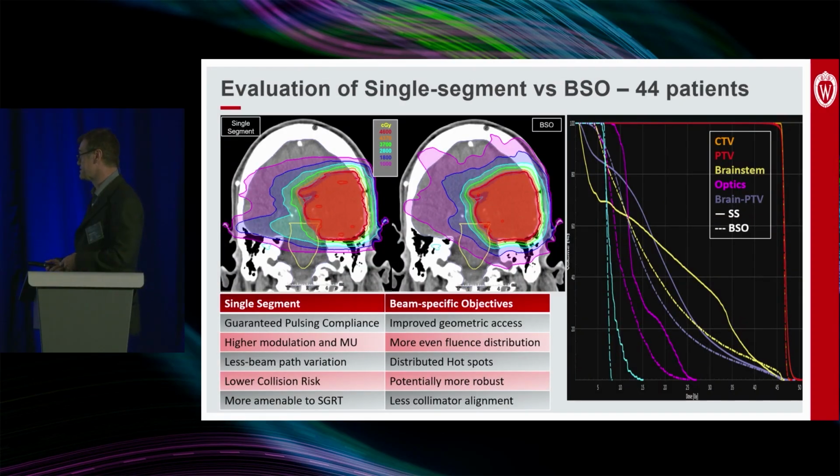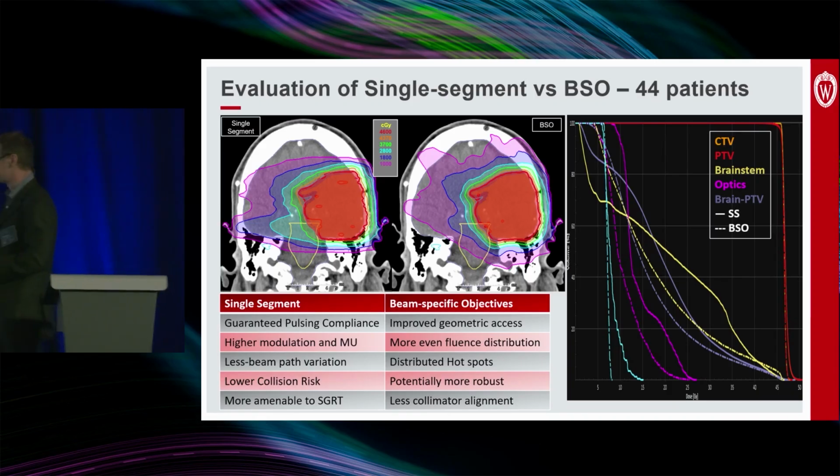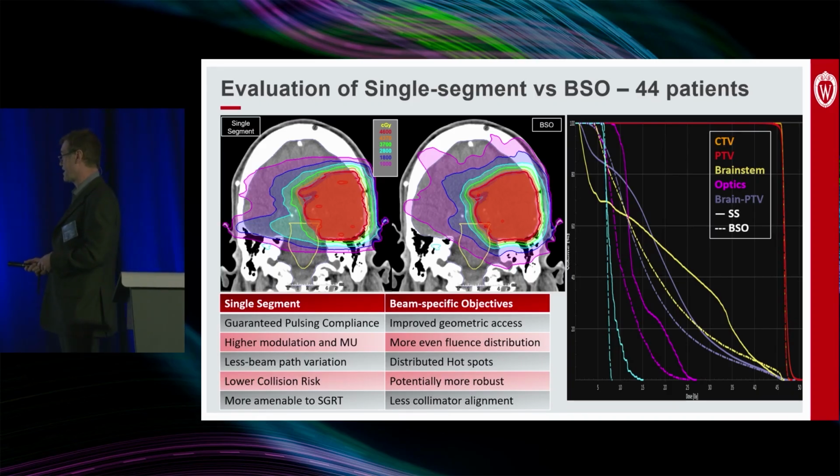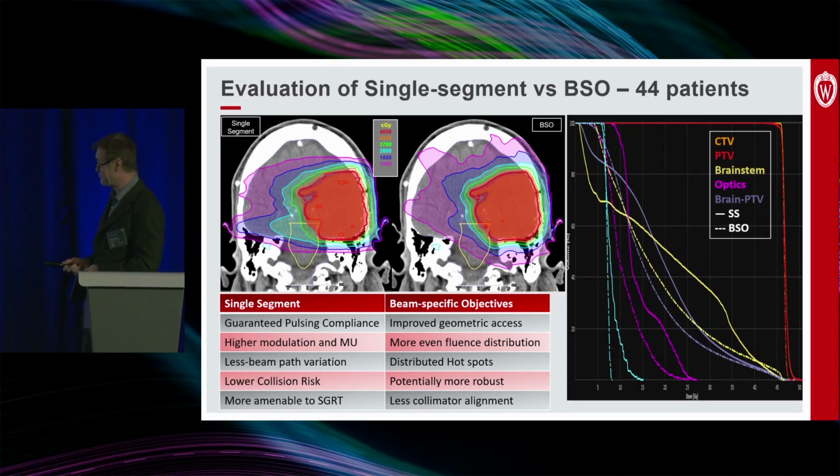So here's a comparison. On the left is the single segment plan, and on the right is the beam specific objectives. Just looking at things, obviously you can see, because this guy's coplanar, I have really nice sparing of the apical, the supracranial brain there, but obviously I have some more splaying of the intermediate dose in the coplanar direction, whereas the vertex arcs give you better sparing there.